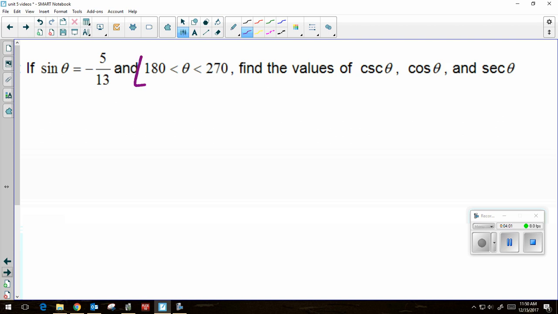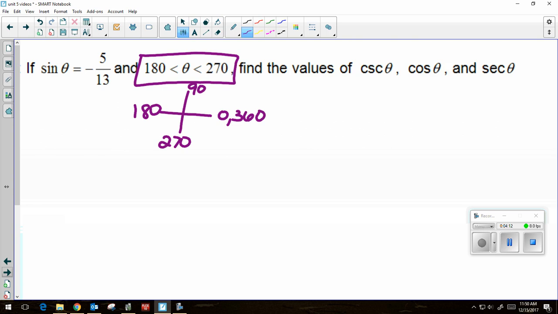They're telling me that I'm between 180 and 270. So my quadrants, 0, 90, 180, 270, 360, I'm going to be in quadrant 3 because it's between 180 and 270. So I'm going to sketch my picture. Triangle goes out from the origin and then to the x-axis, and my angle is always inside.